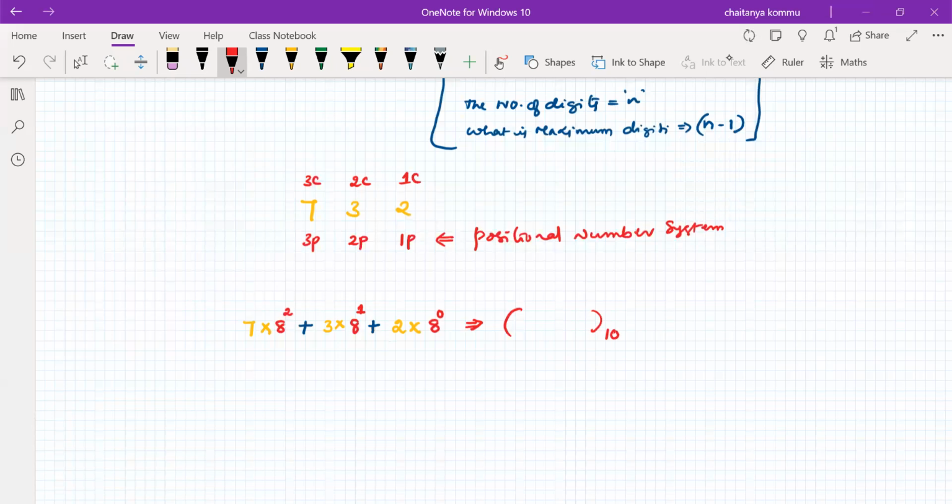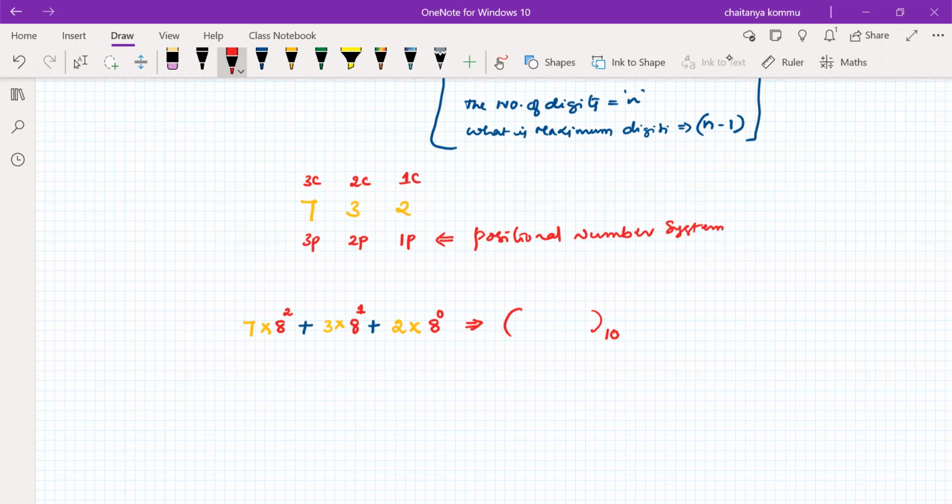That is useful, since humans are able to identify the decimal number system. Therefore, whenever its coefficients are multiplied with the weights of the number system, we convert that into a decimal number system. So can anybody guess what this value is?